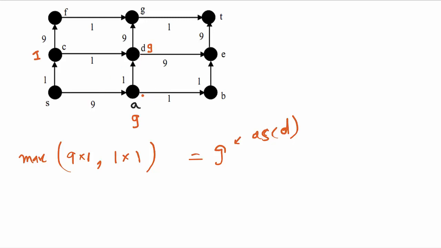Now let's come to the quality score of B. Since there is only one path, the quality score of B is nothing but 9 into 1, and I have nothing to compare it with because there is only one path. So the quality score of B is 9.